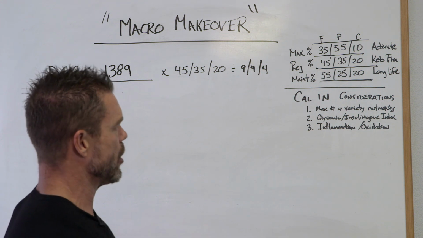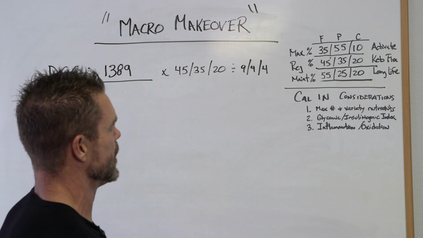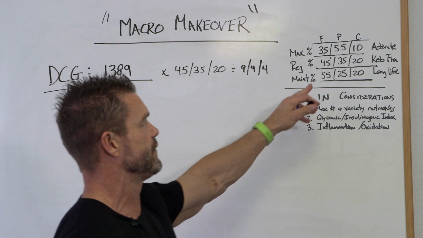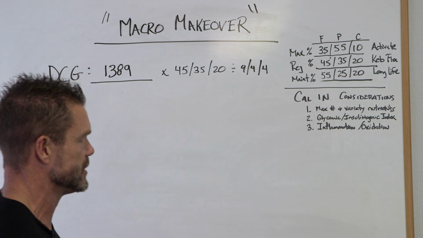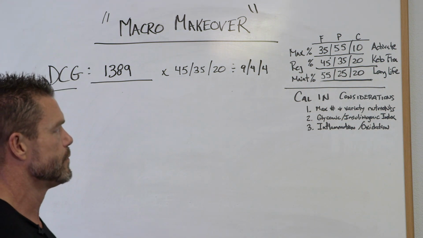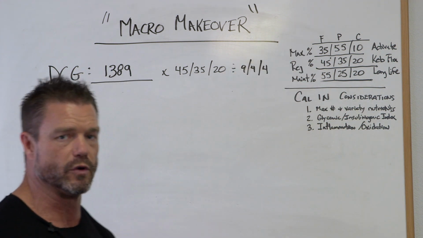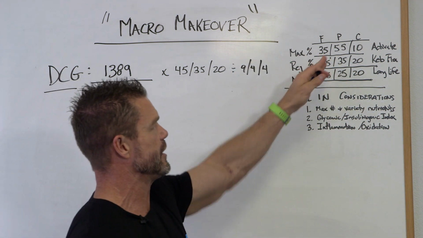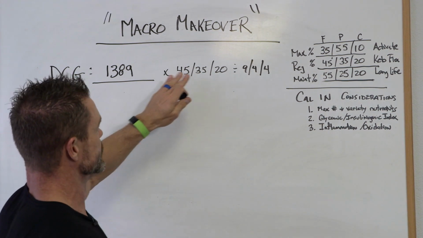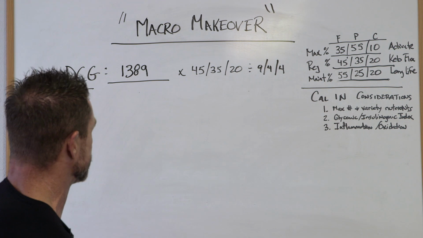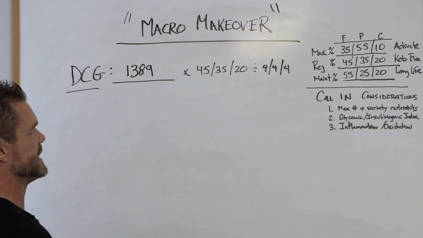If I aggregated all that, I came up with what I would determine the long life maintenance plan, and that would be 55% of your calories from fat, 25% protein, and 20% carbohydrate. So depending on which phase you are in and which phase you choose, that's going to be how you break down the macros. For the purposes of this, I'm using the regular Keto Flex for my client here with her daily calorie goal of 1389.